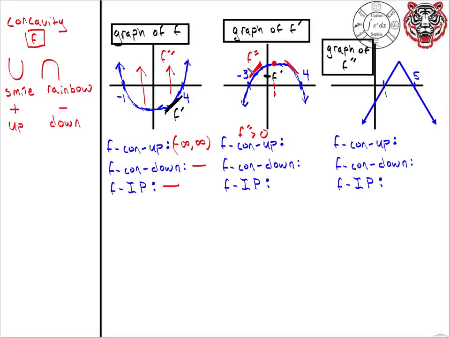So then on the graph of f, f is height and f prime is slope. Yes, exactly. So then for this one, the graph of f prime, we're looking for the interval where it's positive on the slope, right? Exactly. Okay.